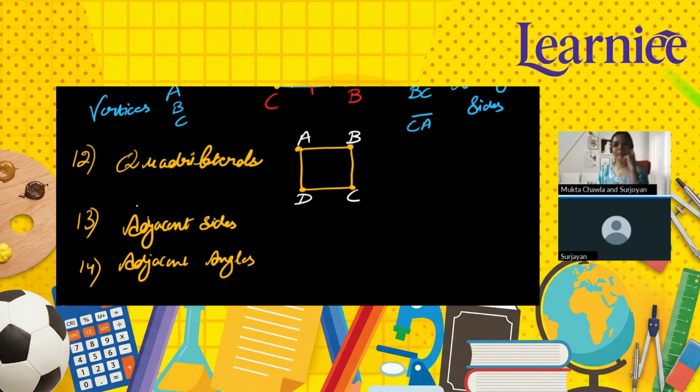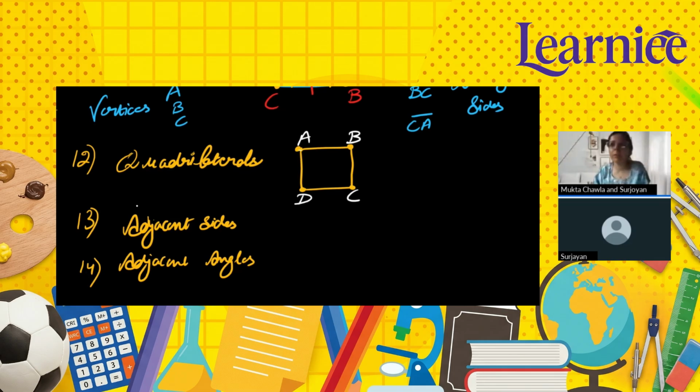So adjacent sides, for example, for AB the adjacent side can be BC or AD, and for adjacent angles, for example, for angle B the adjacent angle could be C or A. It's like the angle beside, or the side beside. Yes, very good. Suppose we take an example of a class.